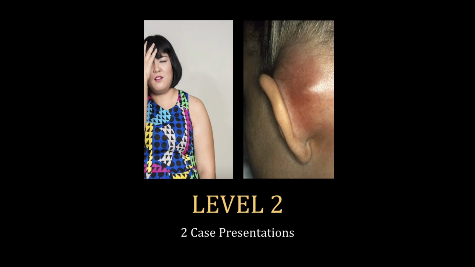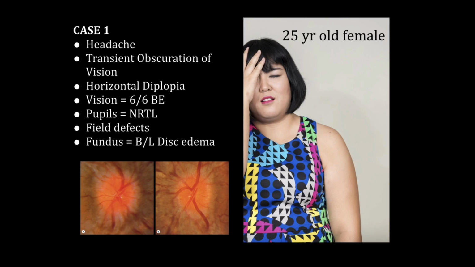Now let's go for two case presentations to understand how papilledema will present. So we have the first patient, a 25-year-old obese female. She's complaining of a throbbing headache, which is more in the morning. As the day progresses, it gets reduced.